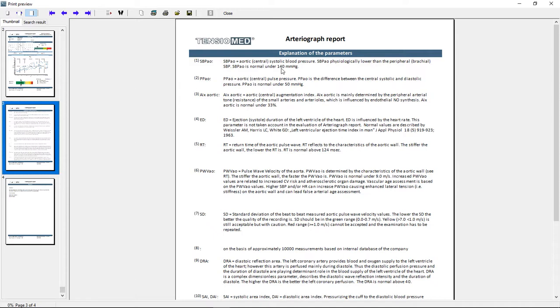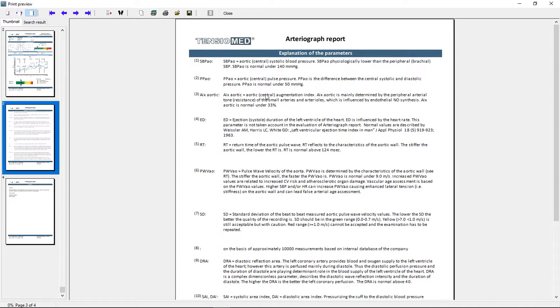Its normal value is based on a longitudinal survival study in which we followed up more than 4,000 subjects for more than 5 years, and the hard cardiovascular outcomes were all-cause mortality, non-fatal myocardial infarction, and non-fatal stroke. So this threshold is not a statistical threshold on the basis of the measured parameter distribution in the population. These parameters and thresholds are so-called clinical thresholds, which refer to the outcome.